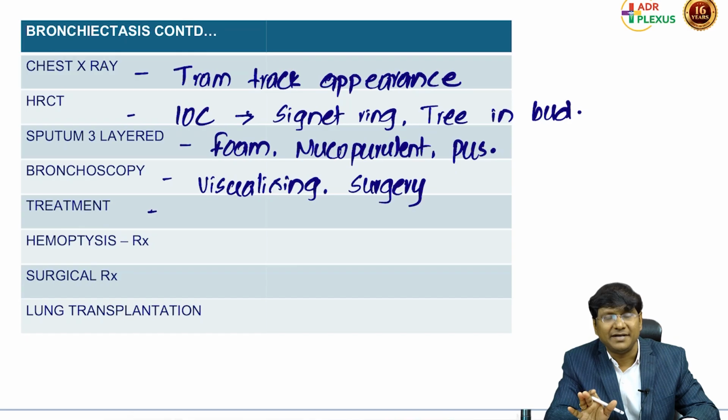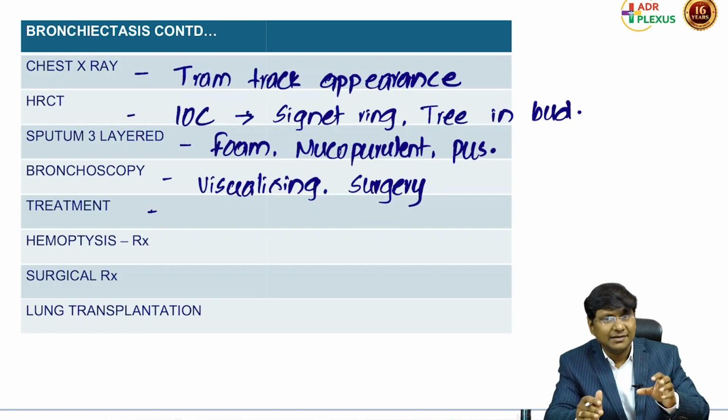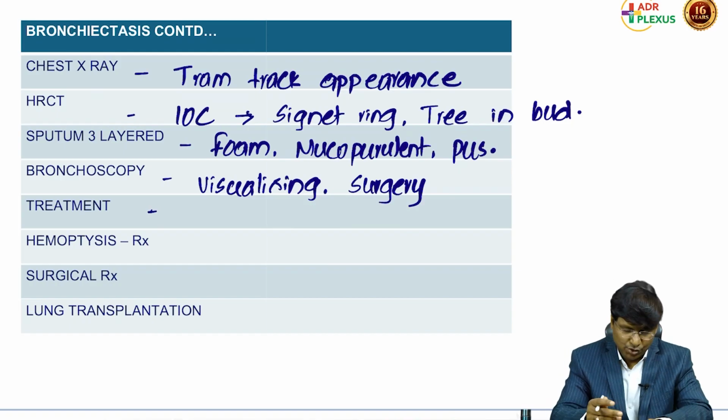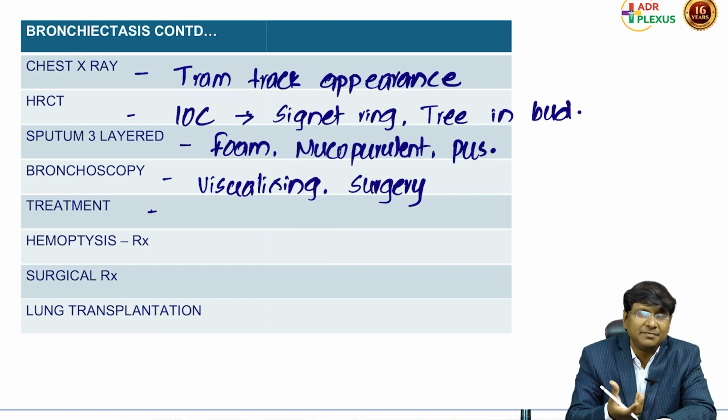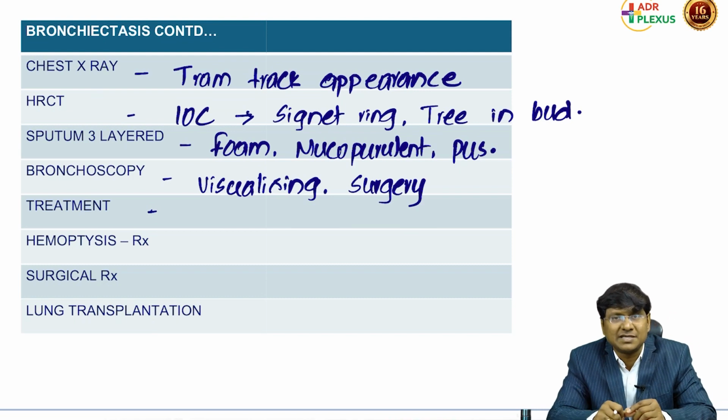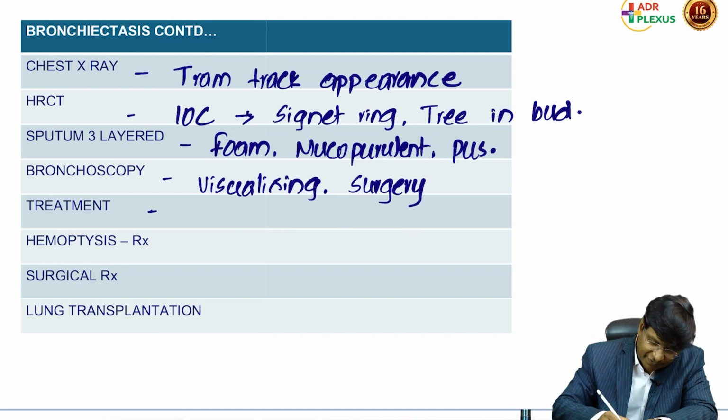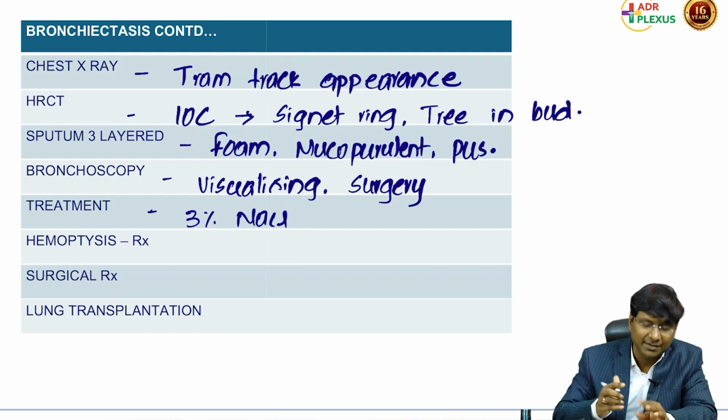Then if you take the treatment in patients with the bronchiectasis, you need to treat the sputum which is being produced, because it is a thick sputum, right? So you need to liquefy the sputum and ensure that the entire sputum is completely expectorated out. For that reason, you need to give 3% saline nebulization.